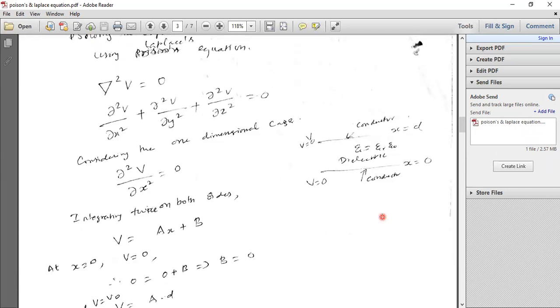The same method we can apply for the spherical capacitor as well as the coaxial capacitor, because the coaxial capacitor is very important in the case of coaxial cables, coaxial transmission lines, which are practically used in transmitting signals from one end to another end.